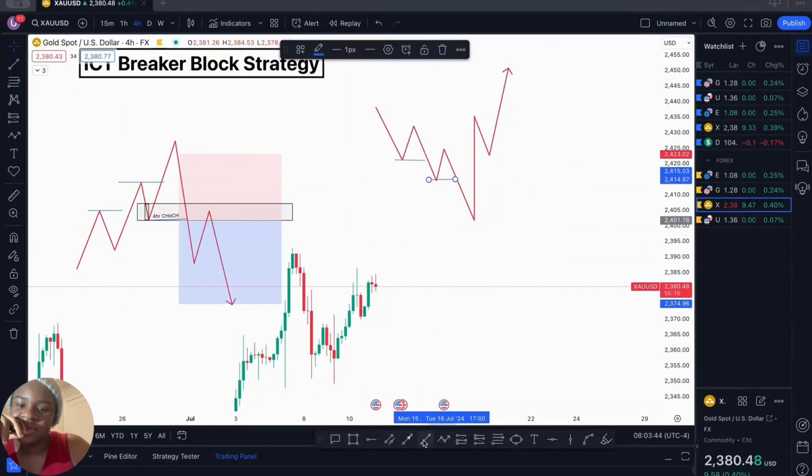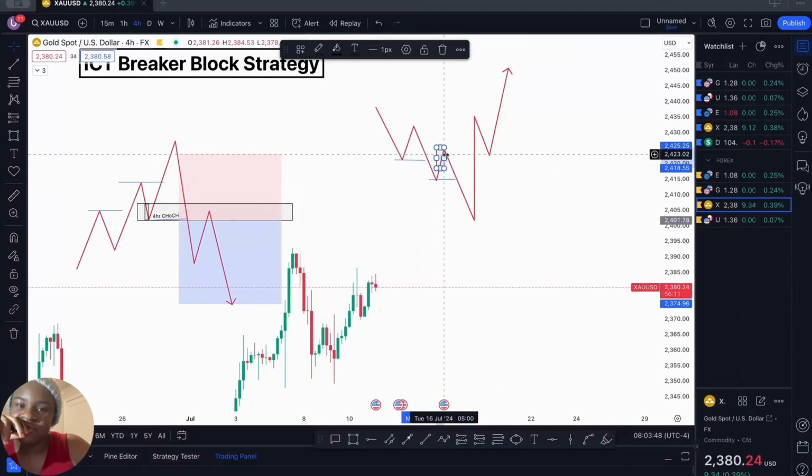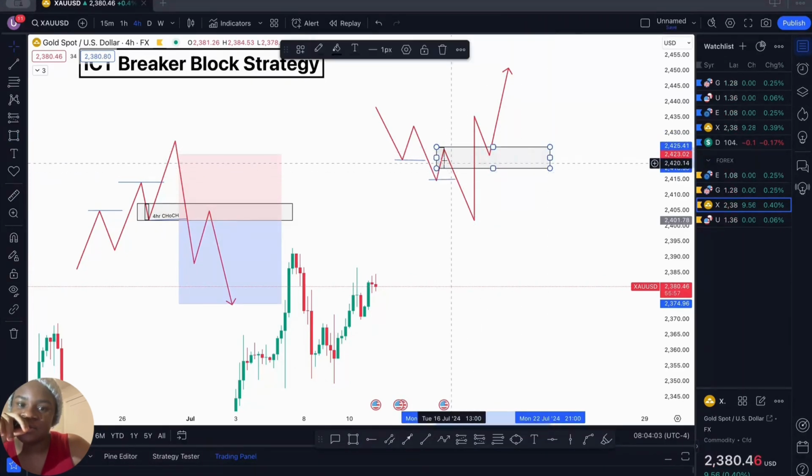What happened? There was a bullish candle here before the bearish momentum took place, that pushed this bearish trend down. What will you do? As long as market has violated this order block and changed trend, you're going to mark that bullish order block as your breaker block, waiting for market to come into that breaker block and move in a direction.